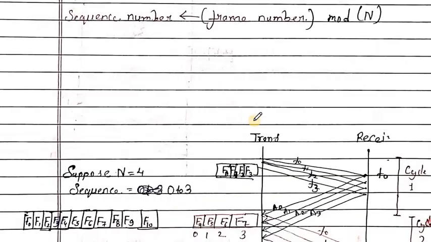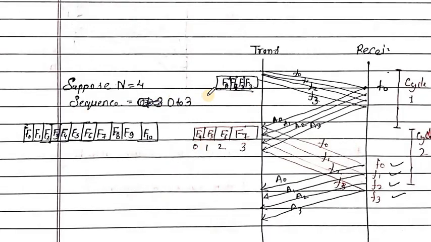Let's take an example. Here there are 4 frames, and the sequence of the frames is 0, 1, 2, 3. The sequence starts from 0 to 3, but the number of sequence numbers is 4.